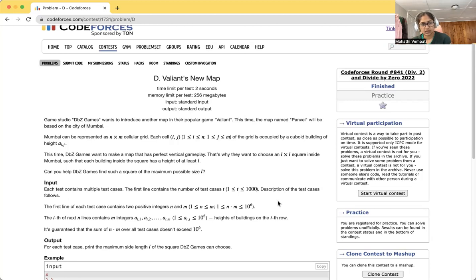That is, if you have an L cross L square with height inside at least L, then all of the squares inside satisfy the condition.